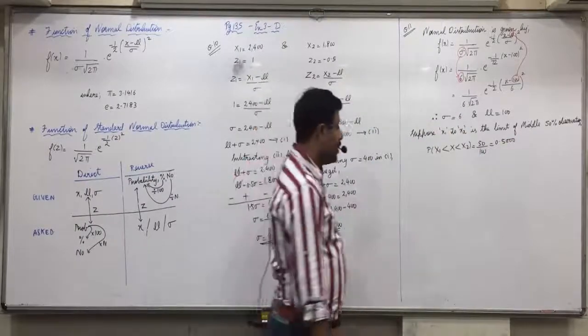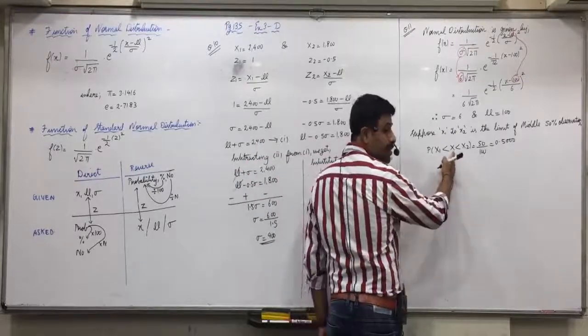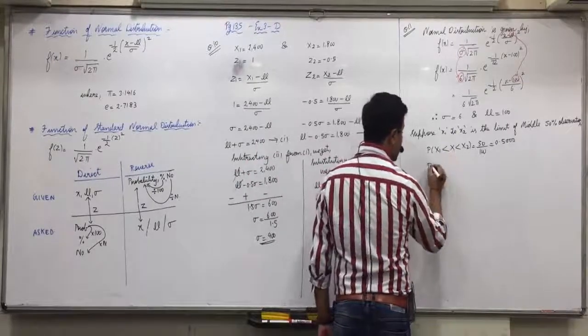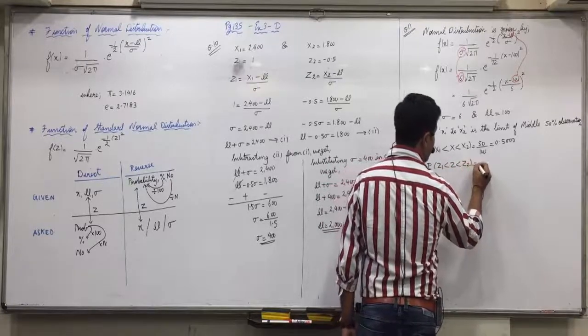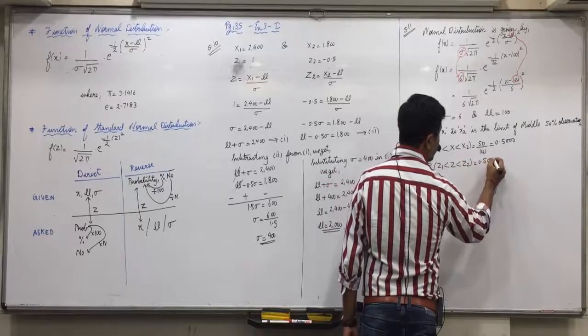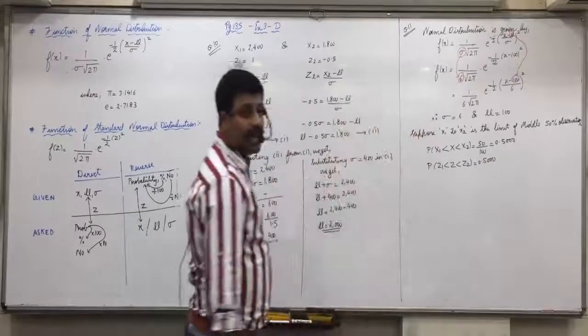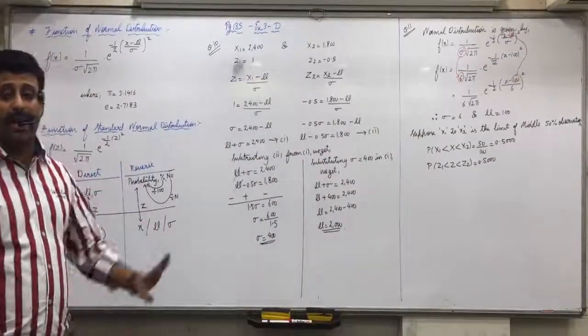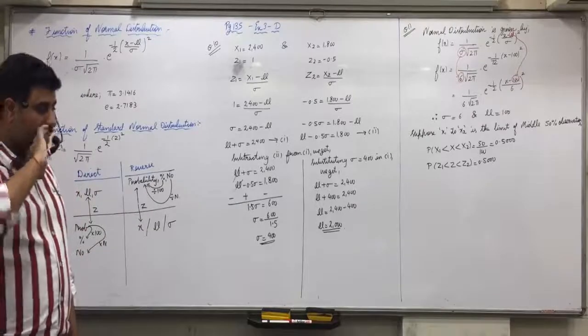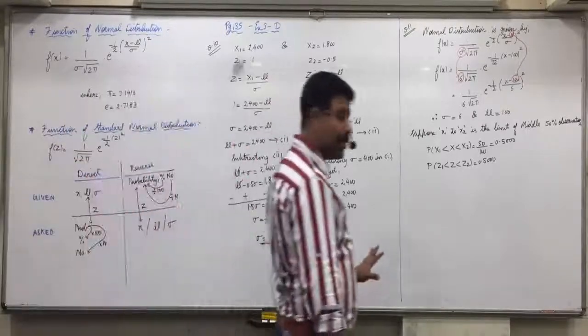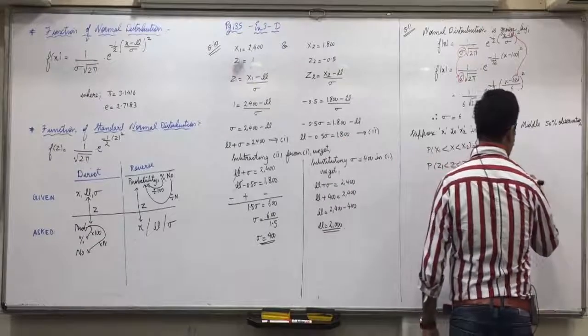Now, if x lies between x1 and x2, then z will lie between z1 and z2. If x lies between x1 and x2, then directly we can convert it into z. Now this we did yesterday.